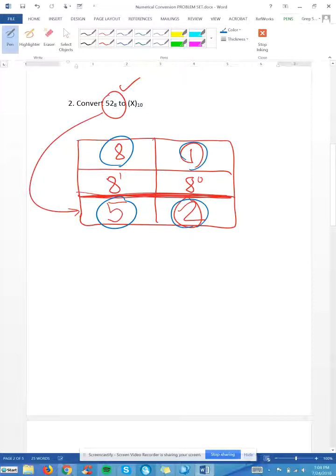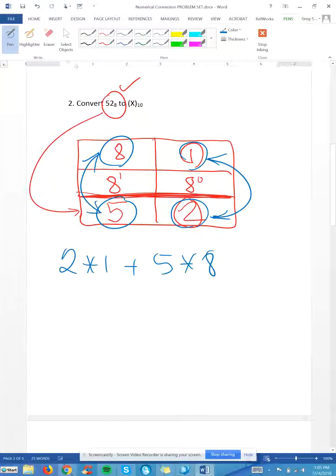Multiply column weight by column value. So here we go. It's going to be 2 times 1 plus 5 times 8. We're multiplying column weight by column value, column weight by column value. Add those two multiplications together. We have 2 plus 40.